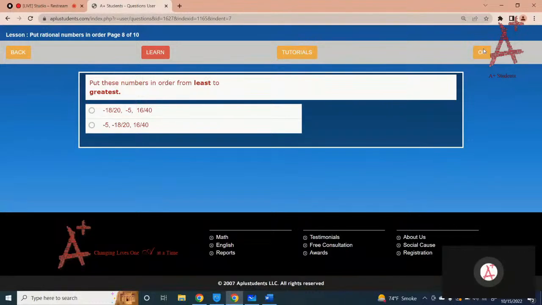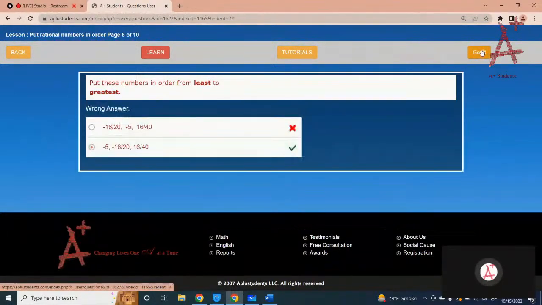Put these numbers in order from least to greatest. So which one is the least one? 18 over 20 is negative 0.9. That is the least one. So select the correct option and click on the OK button.